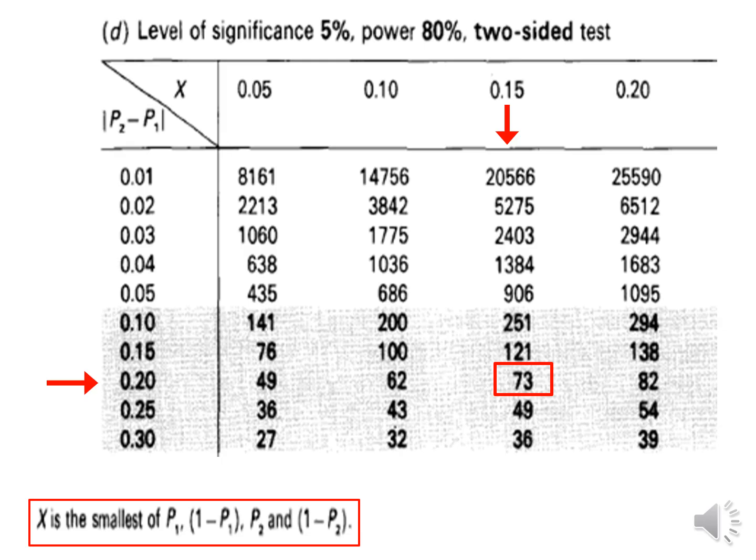For the rows, it's the absolute difference between the two proportions, and the difference is 0.19, which is nearest to 0.20. So the intersection of 0.15 and 0.20 gives us a value of 73 samples per group.